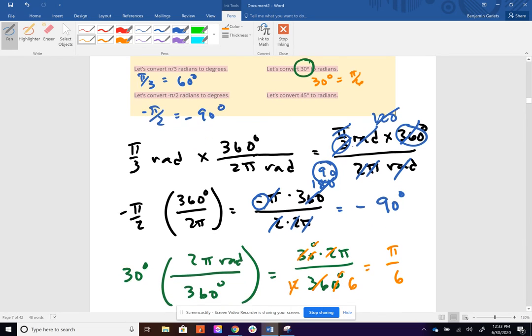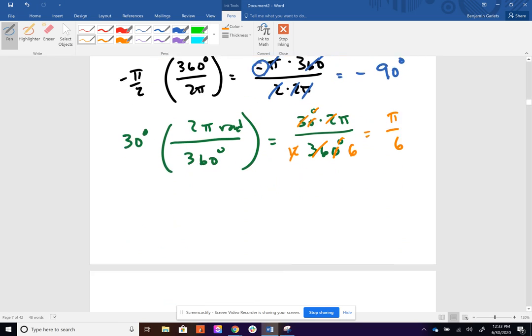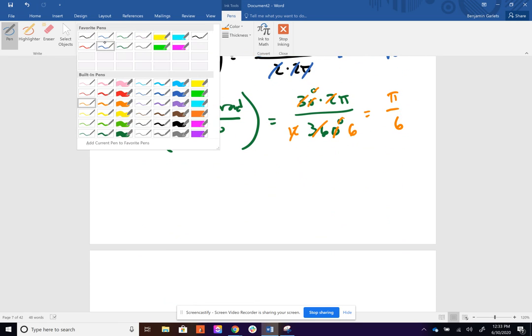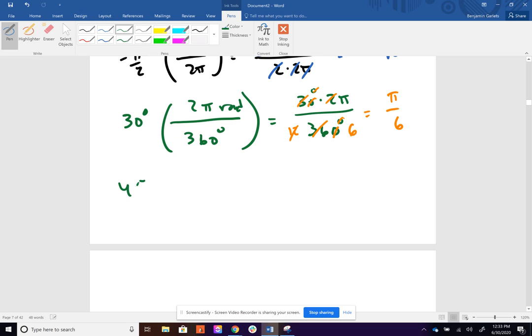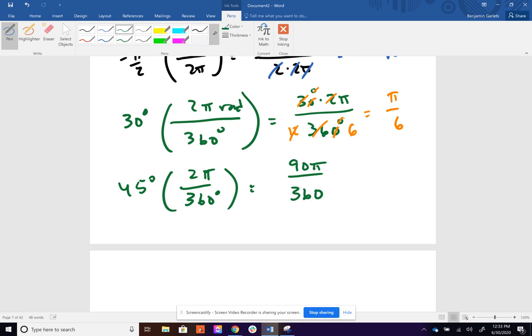All right, and then let's do this last one, 45 degrees to radians. Let's go back to green. This time I'm not going to write out all of the measures. What's going to happen here is 45 times 2 pi is going to give me 90 pi on top over 360. Then I can start to cancel out and simplify this fraction.